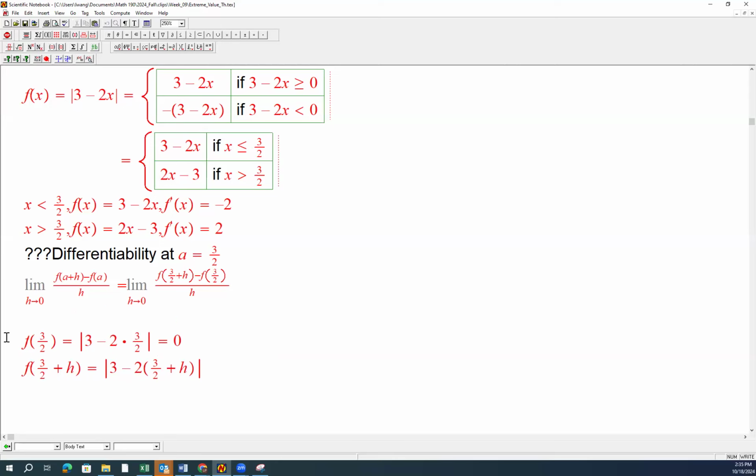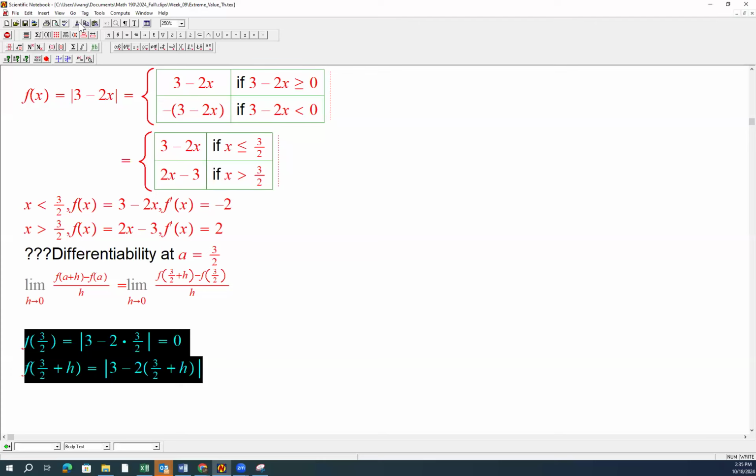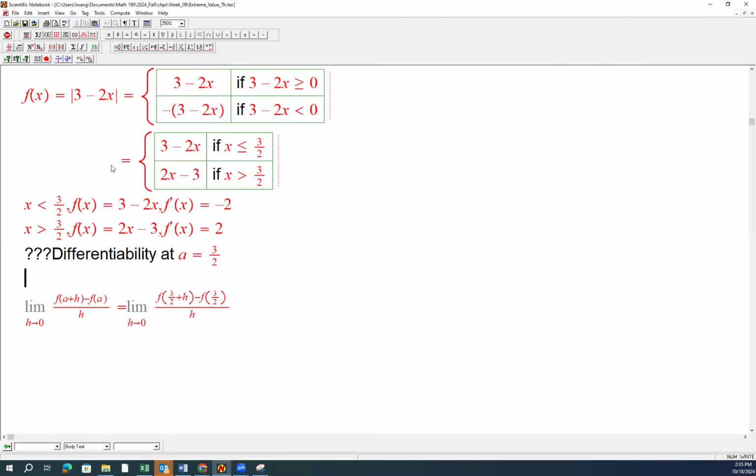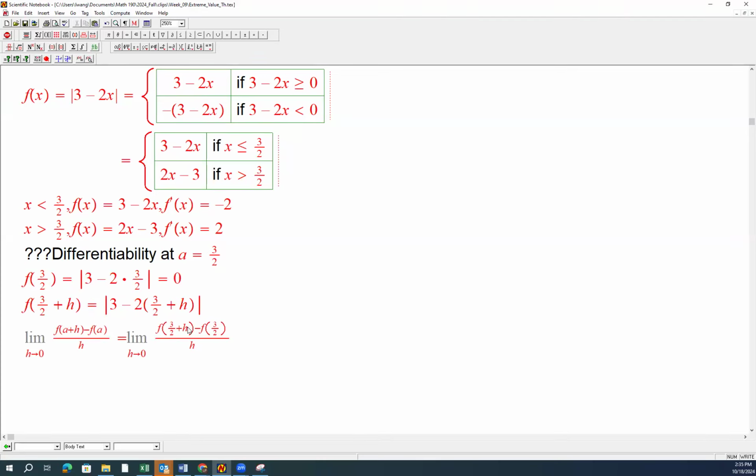So now let's put this above it. That will be most natural. And what do we get here? We're going to open the parentheses: negative 2 times 3/2, and then negative 2 times h, so minus 2h.